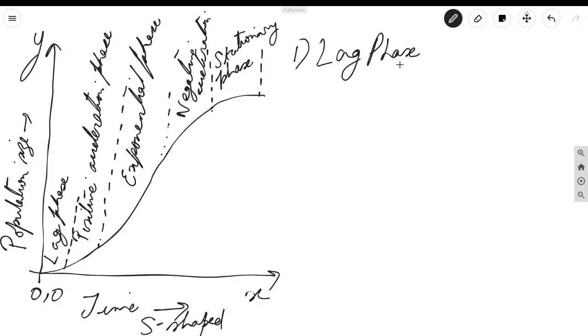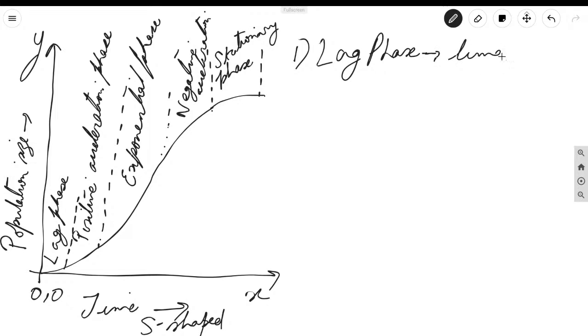So same way, if you have been able to adapt, then only you can proliferate or increase your number, and that will invariably take time. So the time taken for acquiring variation, which will lead to the acquisition of adaptation, that is known as the lag phase.